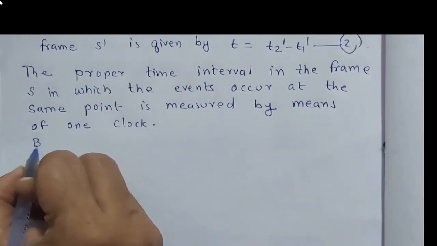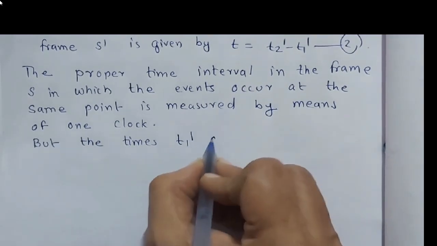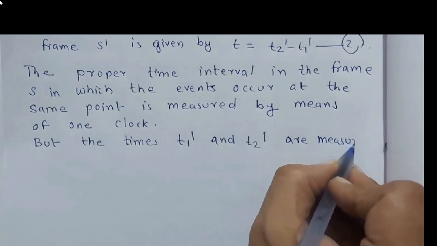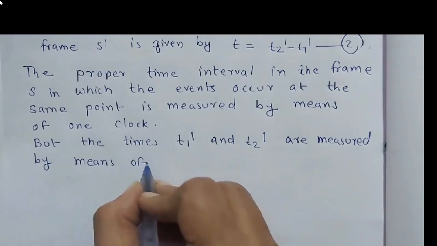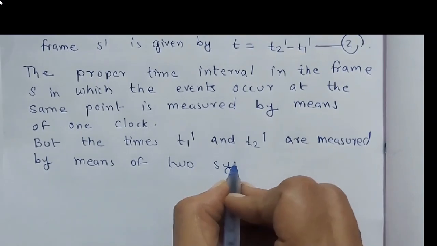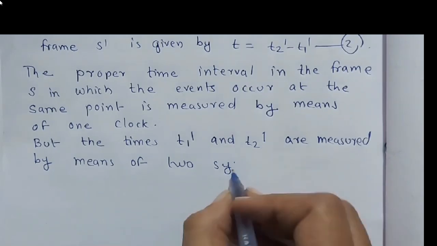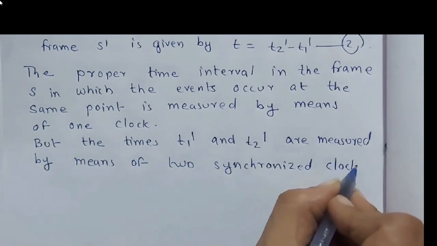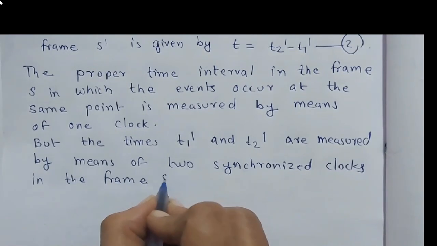but the times t1 dash and t2 dash are measured by means of two synchronized, very important, we are making use of two synchronized clocks to measure the two times, that is t1 dash and t2 dash, by means of two synchronized clocks in the frame S dash.